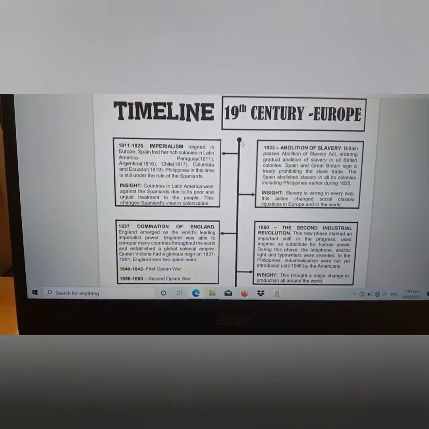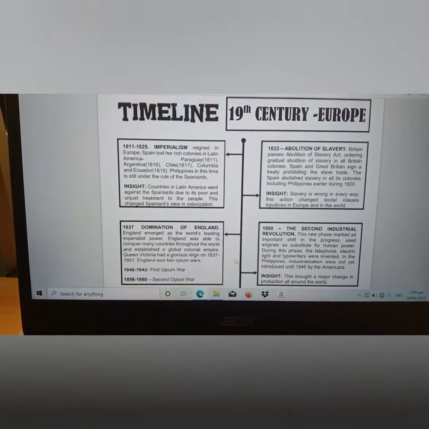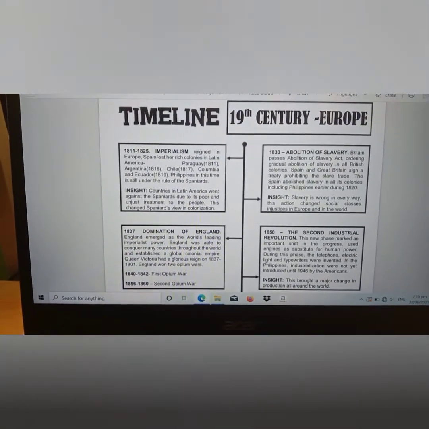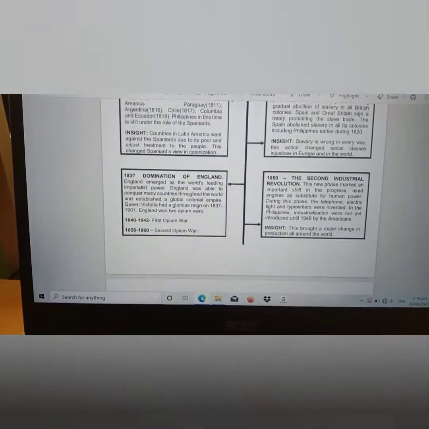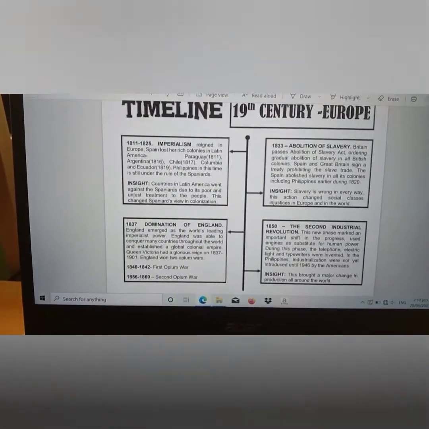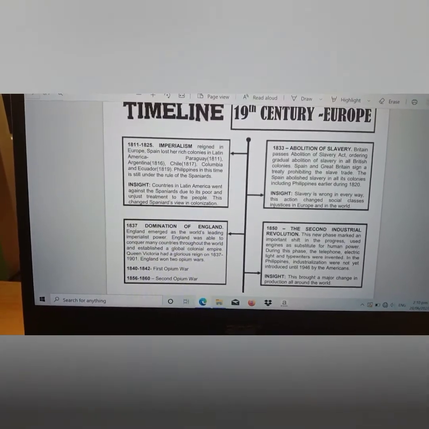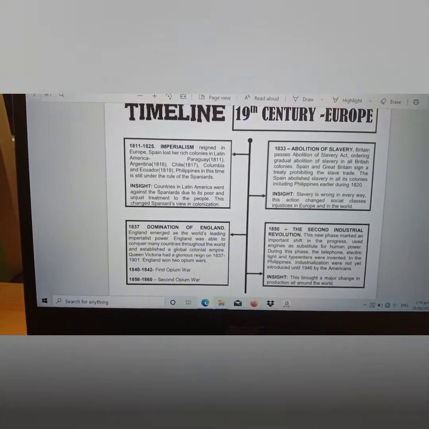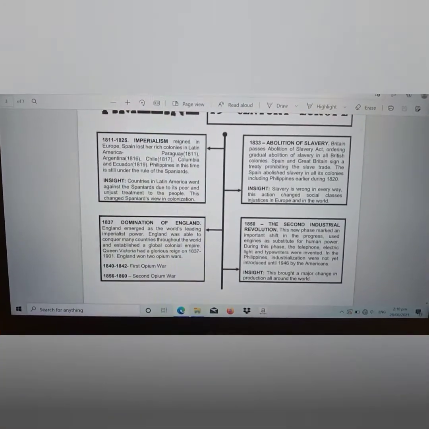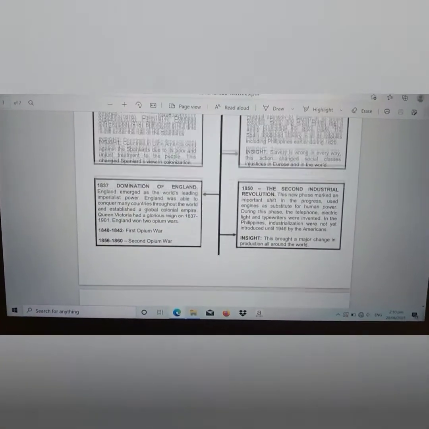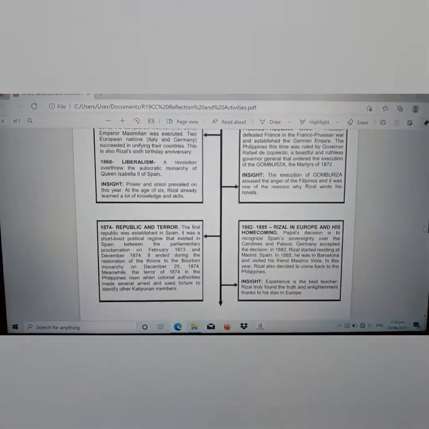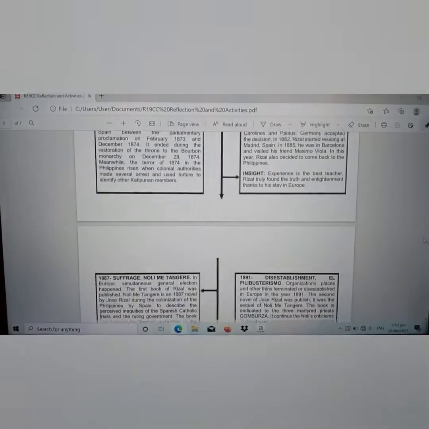Like he used this pole here with arrows corresponding to what he wanted to let us know about what event happened during that year. Every year he indicates his own insight.